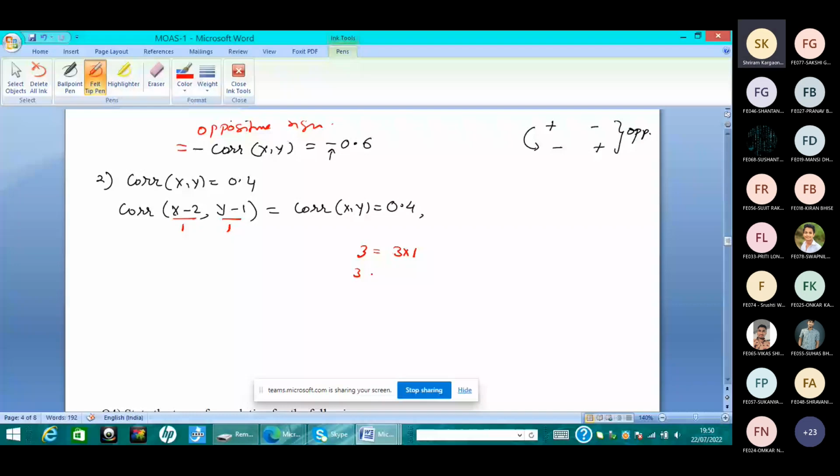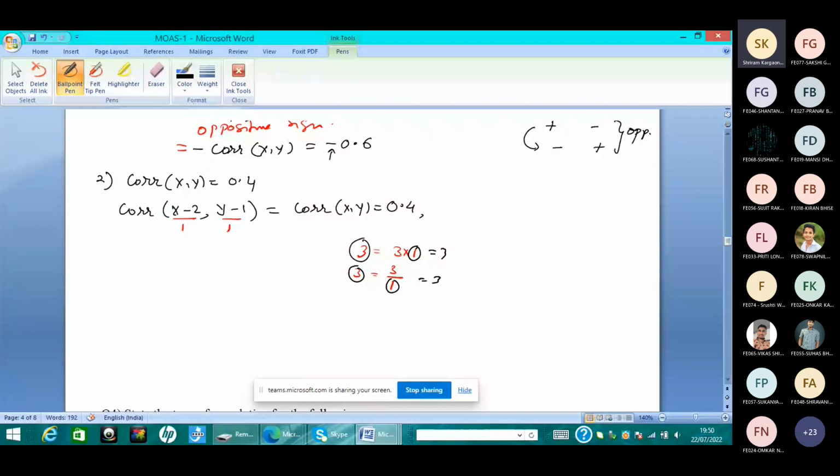When you write a single number, you can write it as 3 into 1 or as 3 upon 1. You will get the same result, right? So you can multiply or divide with the same constant. In this case, it comes to 1. You can also take multiplication as I did here.